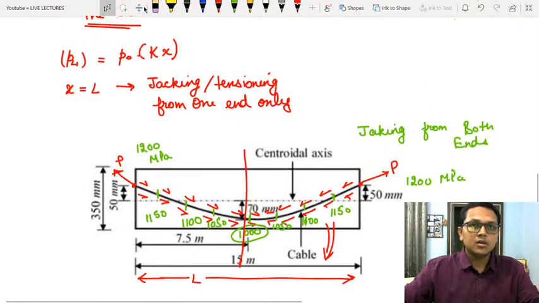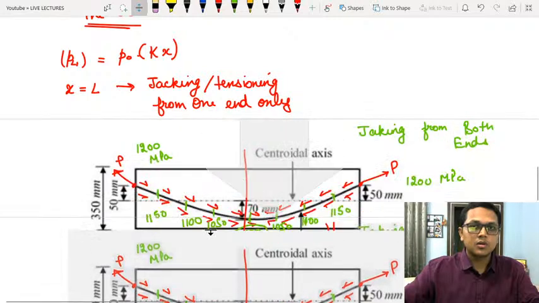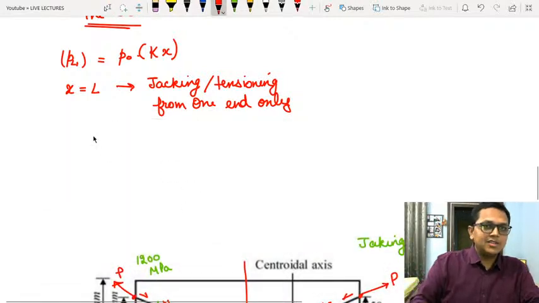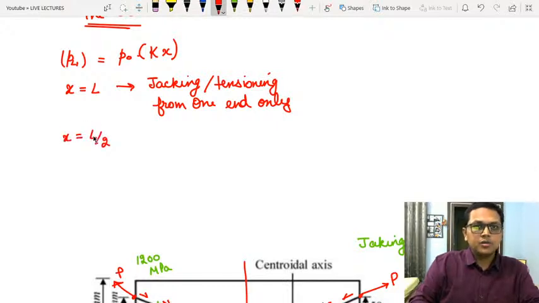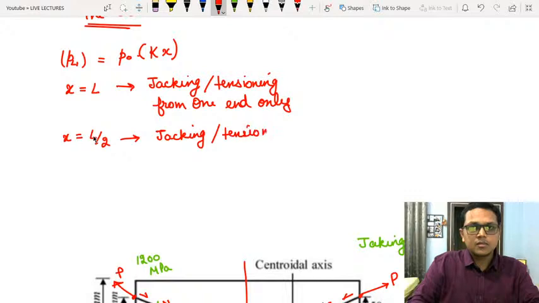So X is equal to L by 2 when jacking or tensioning from both ends.